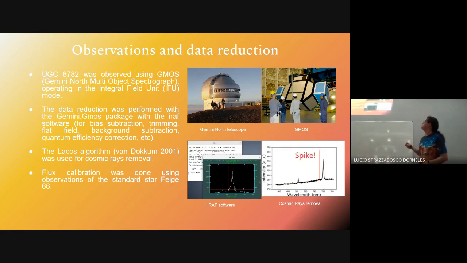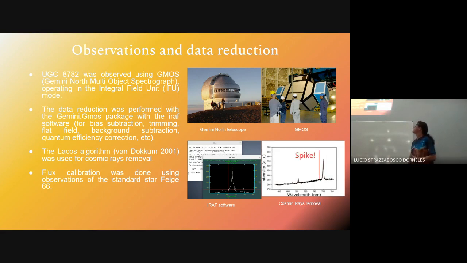To remove the cosmic rays that can appear in our observations, we used the Laplace algorithm. So cosmic rays, we observe them in spectra like a huge spike. When we compare with other line emissions we see that they're different, and we have to remove them.